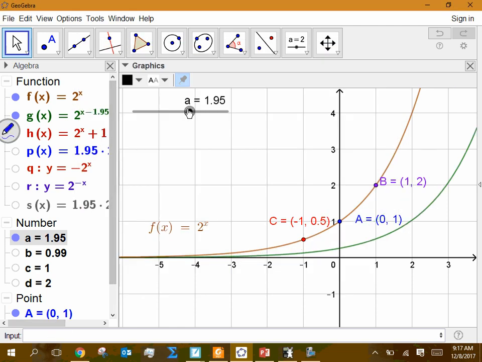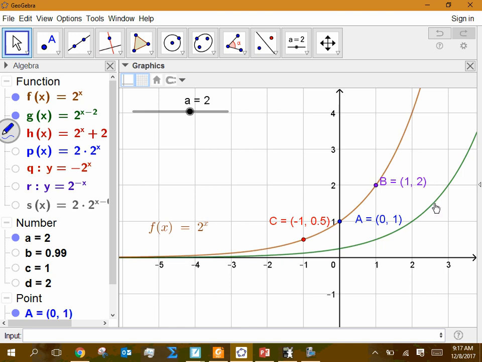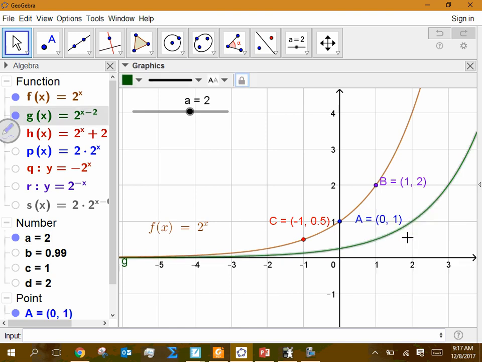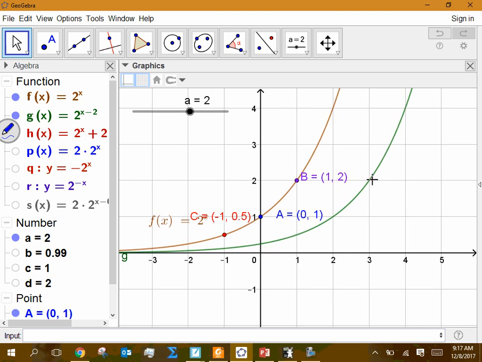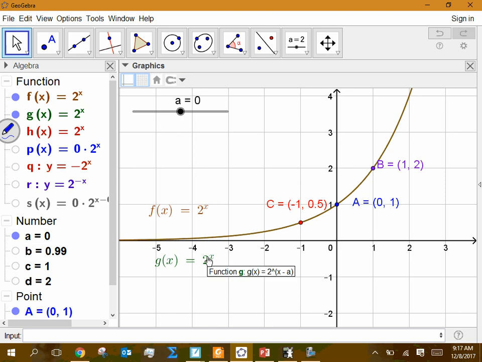All right, so obviously we have this green curve. Let me put the name of the green curve on here. Right now it's 2 to the x, right? It's the same thing as the maroon curve.